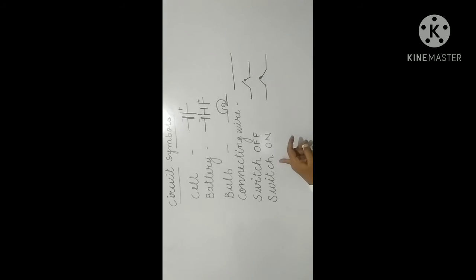Second is the on position. When the two points in the switch are connected, the circuit gets closed. This position of the switch is commonly called the on position. In this position, current flows through the circuit and the bulb will glow.